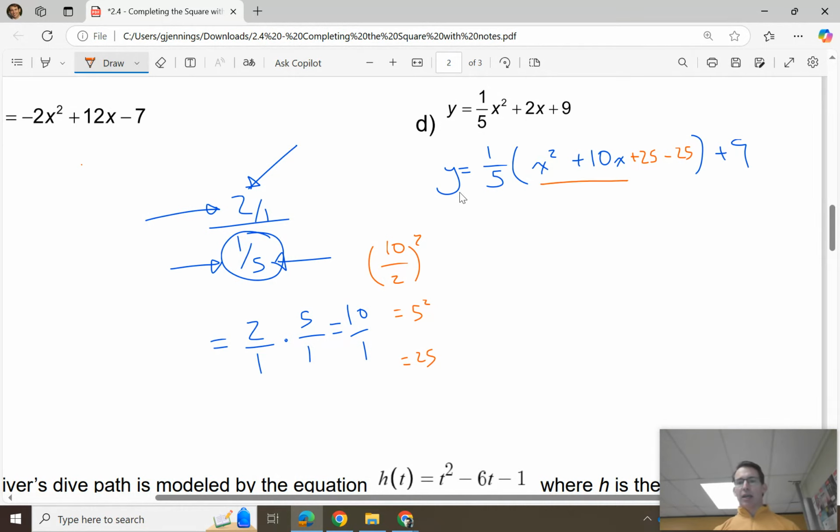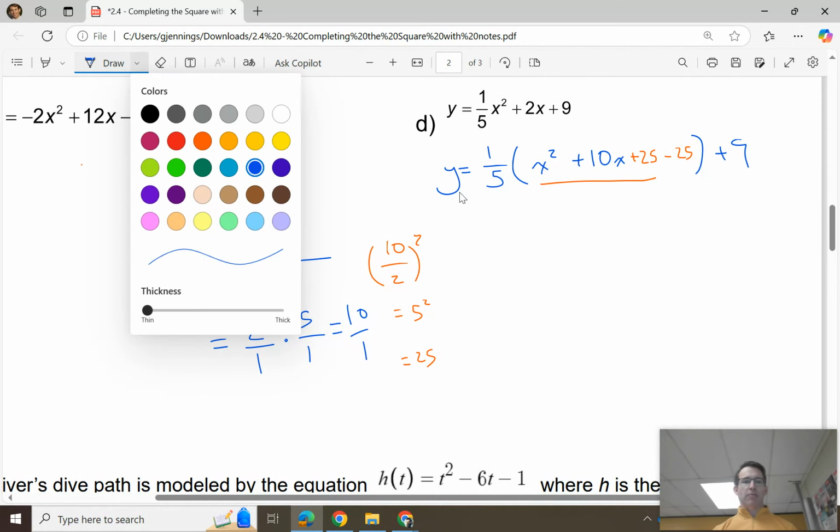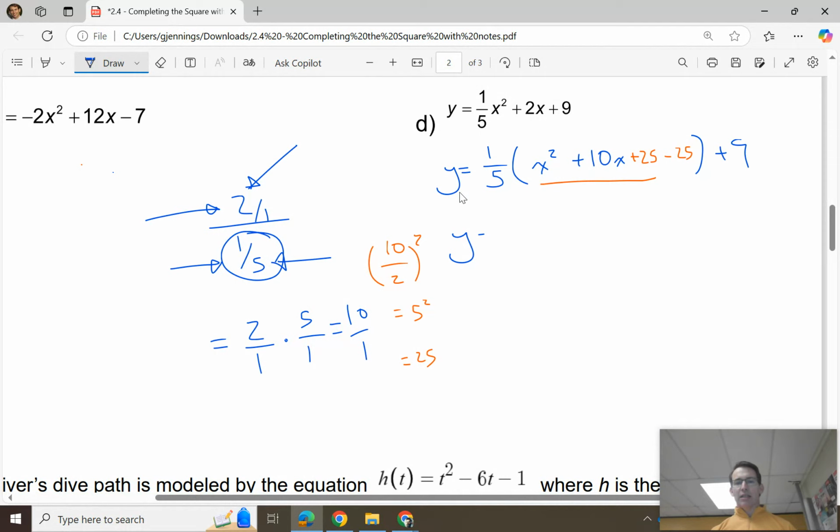And then we recognize that this part here, the first little bit, is a perfect square trinomial. So we write y is equal to 1/5 (x plus 5) all squared. It helps to draw these square brackets to keep track of your leftovers. Make sure they stay in Vegas. Plus 9.